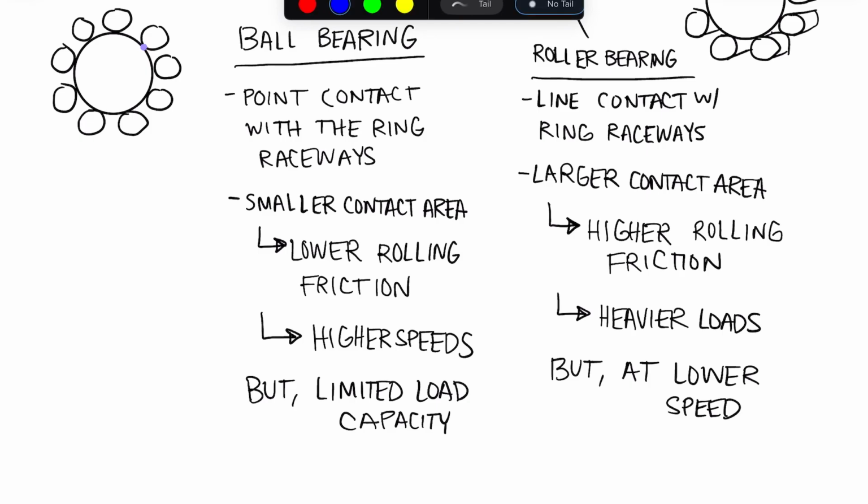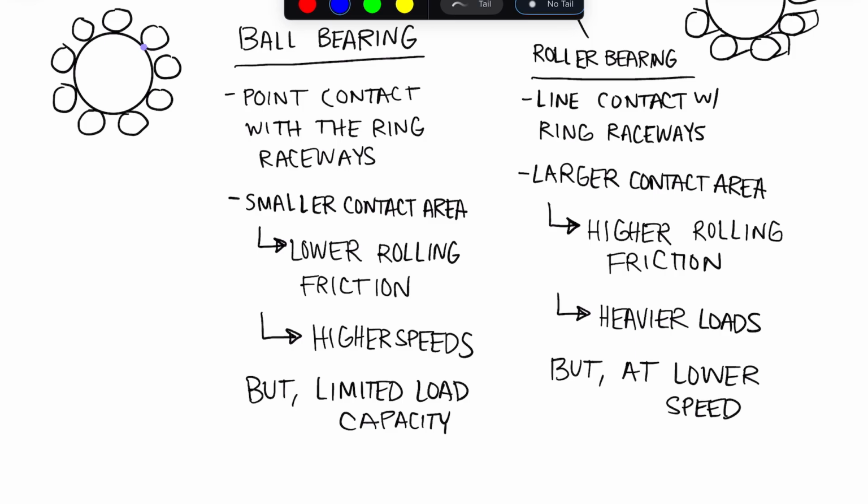We care more about being able to transport heavy loads on a train than we do about going very fast. But if, in contrast to that, you would rather have a high speed and you don't need to bear too much load, then a ball bearing might be the right choice for that application.